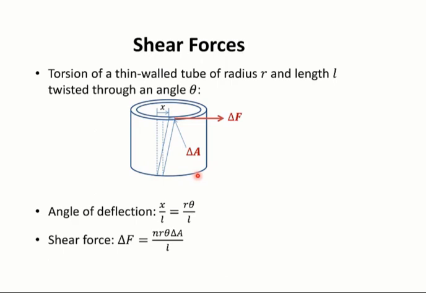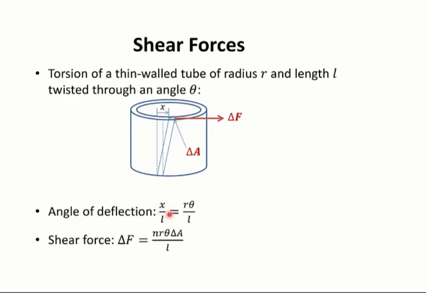Now, if we apply a shear force here, this tube will be twisted, right? We can actually measure the shear force in terms of the other quantities. So the angle of deflection here, theta, should be equal to, actually it is the relative displacement I said.